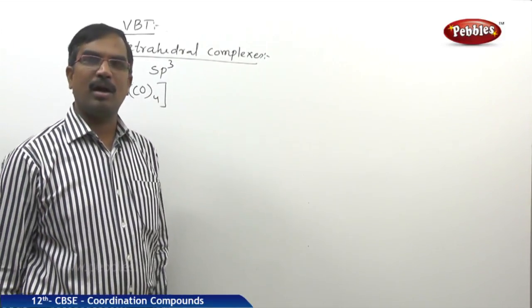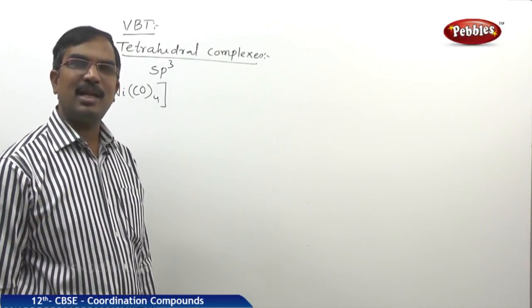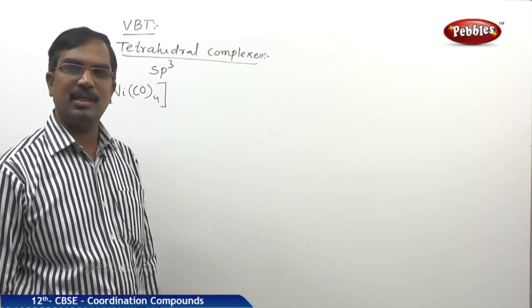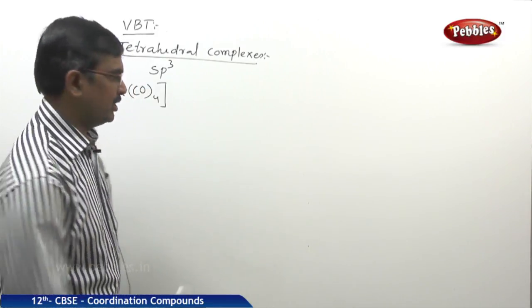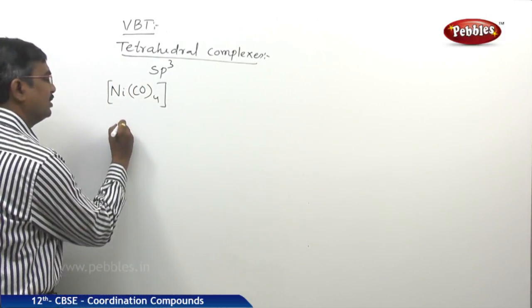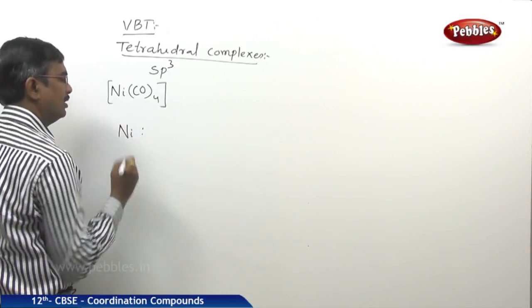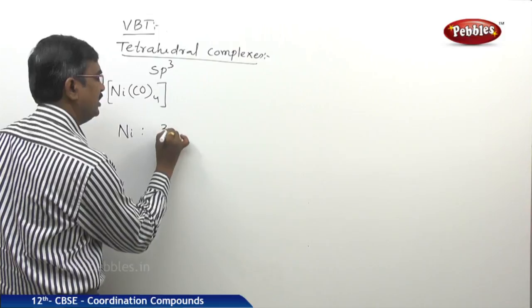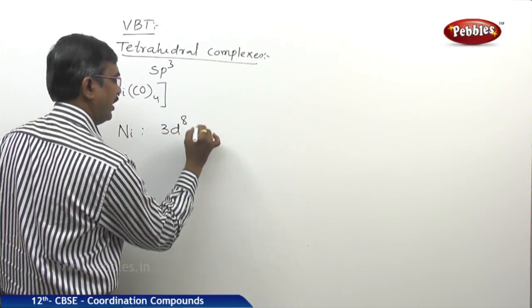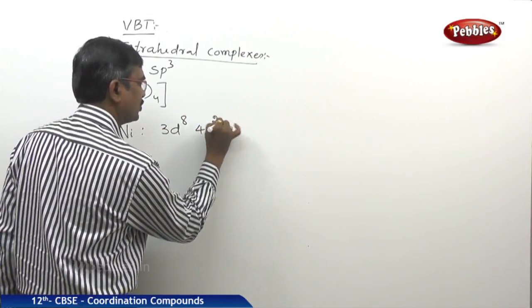Nickel tetracarbonyl. Here the central atom is nickel, a 3d series element with atomic number 28. Nickel has the configuration argon 3d8 4s2.